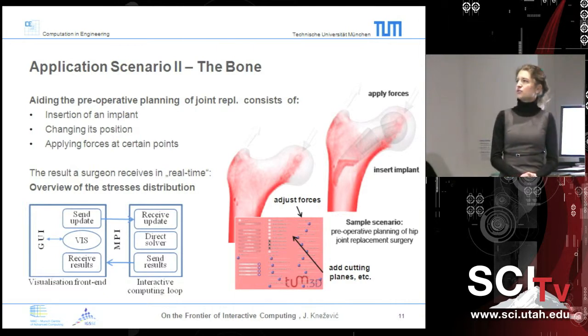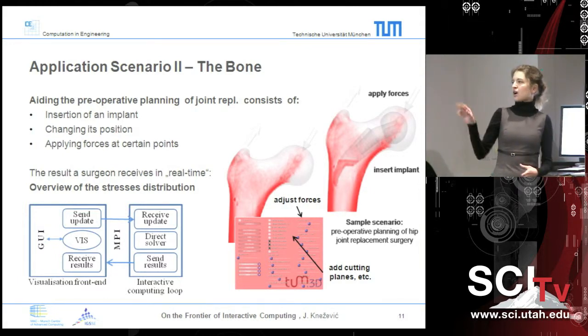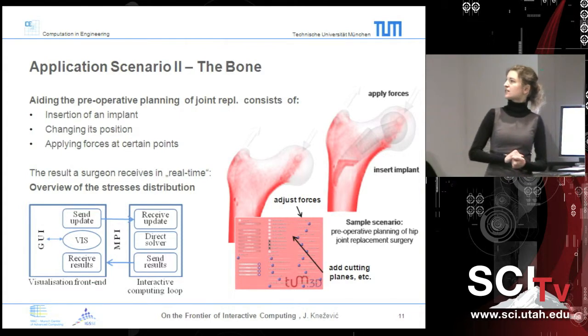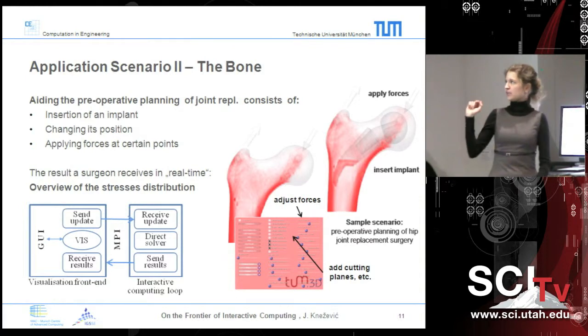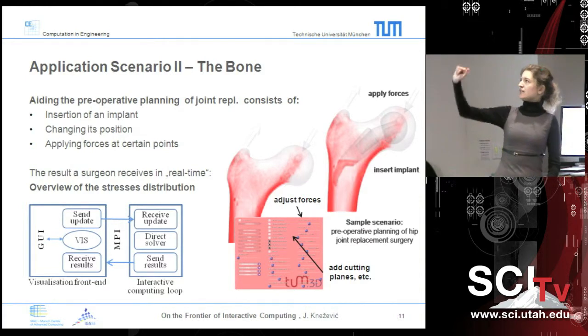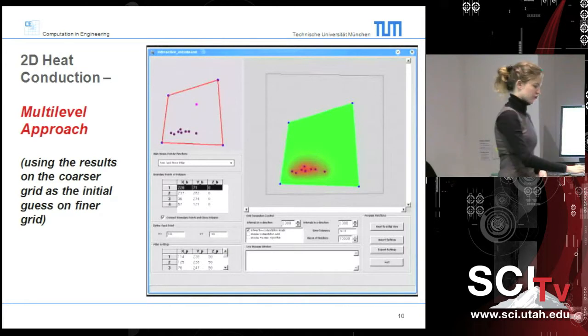So what you can actually see here is a graphical user interface where he can set a few parameters, like add cutting planes and stuff, and he can really click, as you will see later in the video, on the implant, insert it and then move it around. Also these arrows, which are the forces, he can adjust the magnitude of these and also the position.